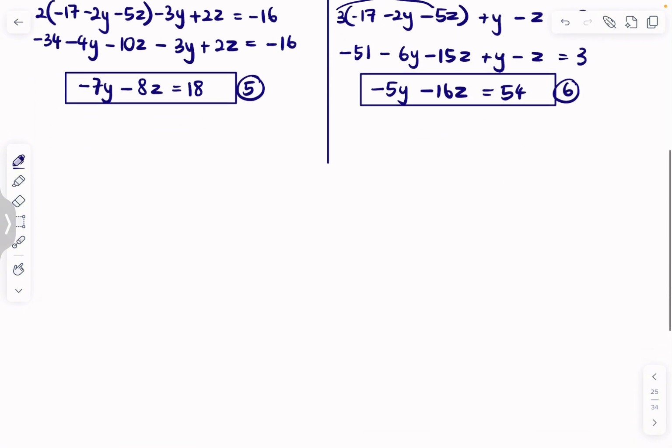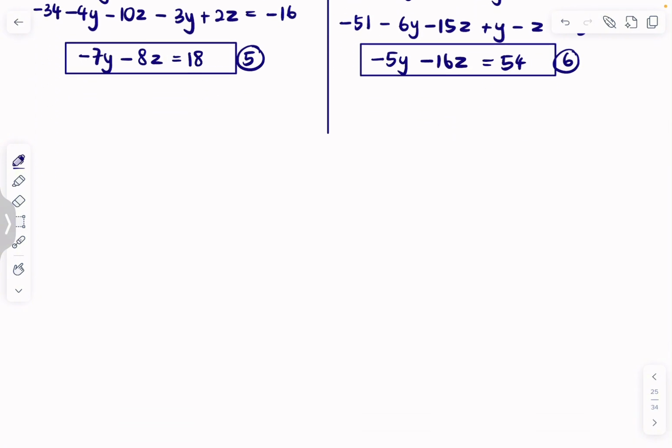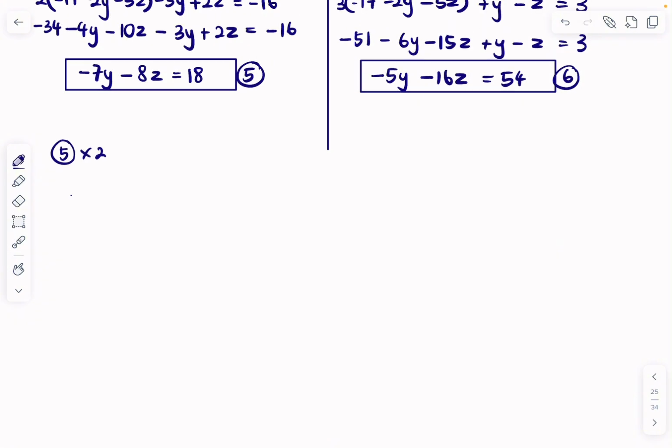Okay. Now, we can try to eliminate, but this 8z, we have to make it into 16 first. Then we can eliminate. So what we do is equation 5, we times 2. So we'll get negative 14y minus 16z. Then 18 times 2 will get 36. Right. So then this is our new updated equation.